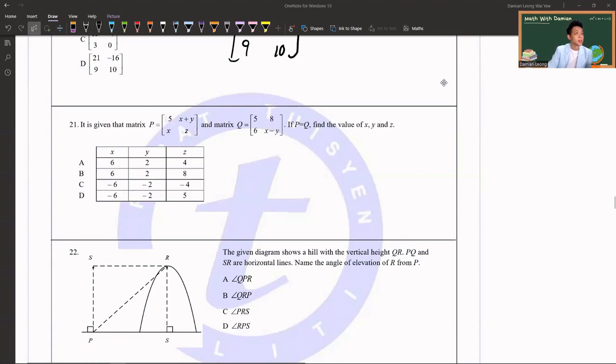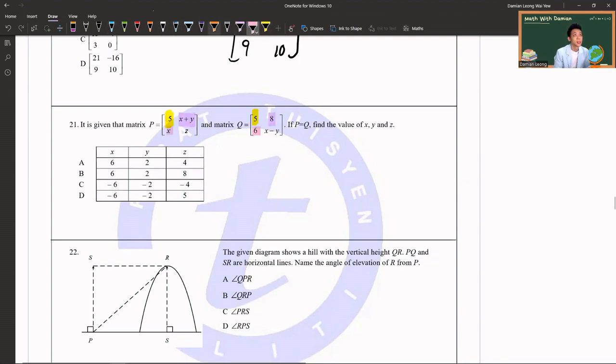Question 21 here. Matrix P, 5, x plus y, x, z. Matrix Q, 5, 8, 6, x minus y. So I can compare directly the elements in the same position. You see 5 here is the same. In other words, all the others in the same position should be the same. So x plus y should be 8.